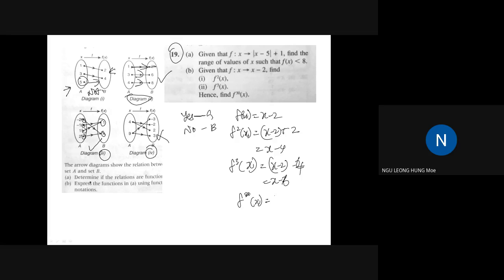Macam mana jawab? Siapa? Okay, you try for this one. Try, I give you 1 minute.